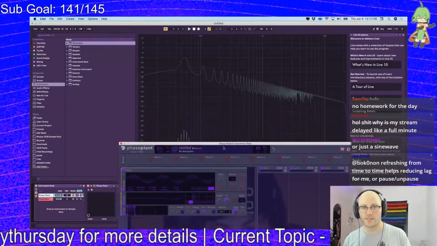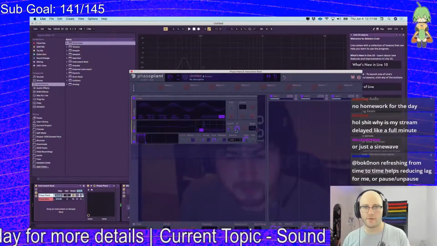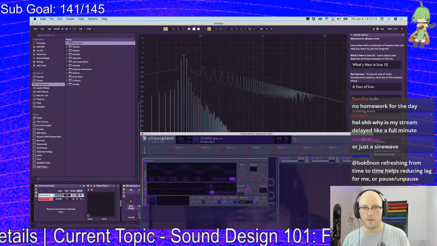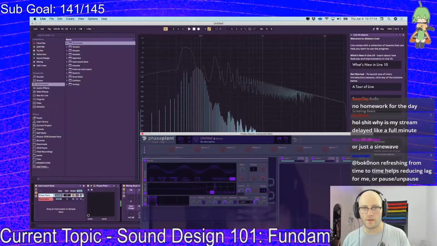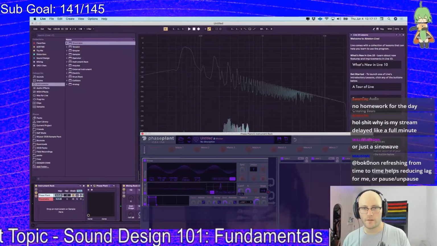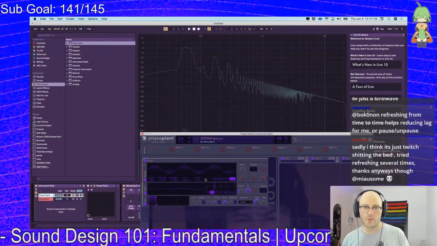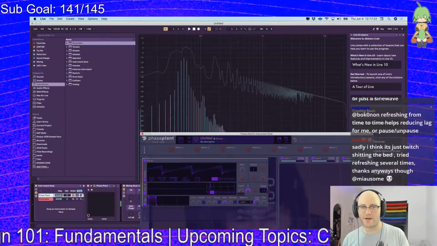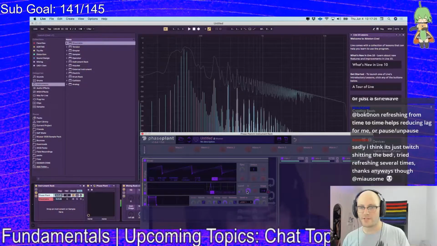Should work. I'm surprised it's not actually isolating out. Oh, because I have the wrong thing. There we go. I had a sine wave selected, but there's the lowest one.